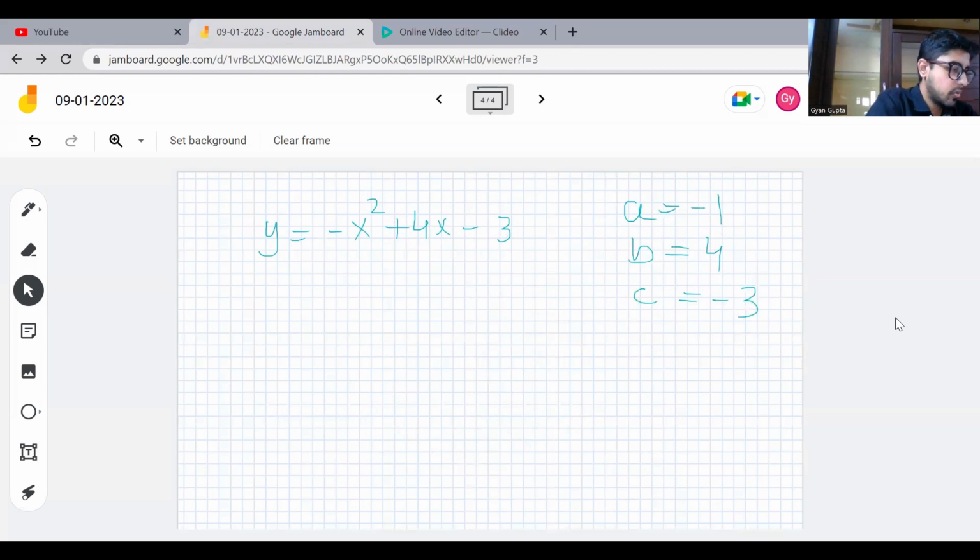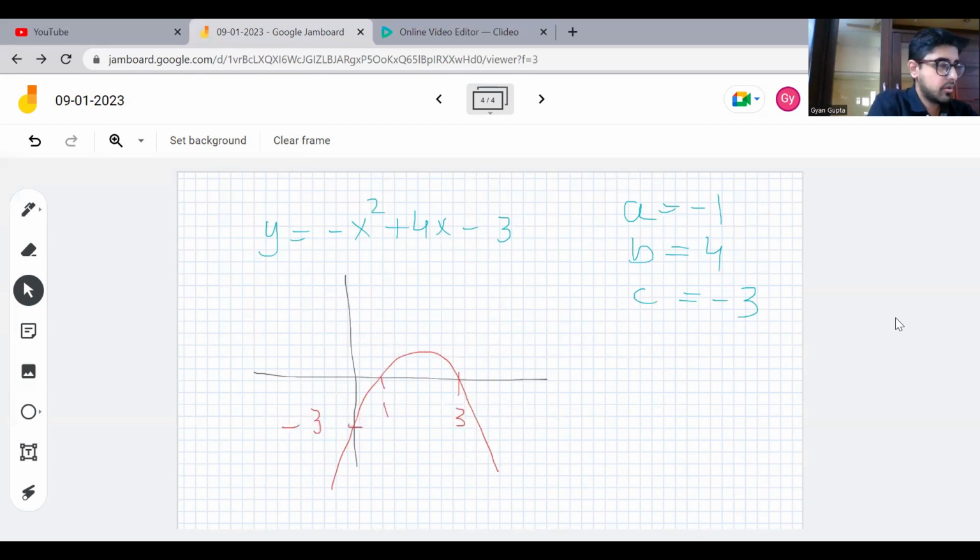If again we go and plot the graph, this time our graph will look something like this, where this is 1, this is 3, and this is minus 3.